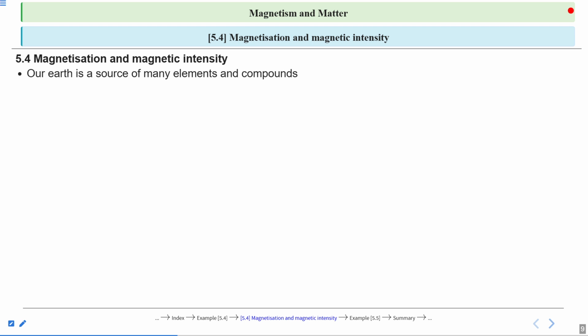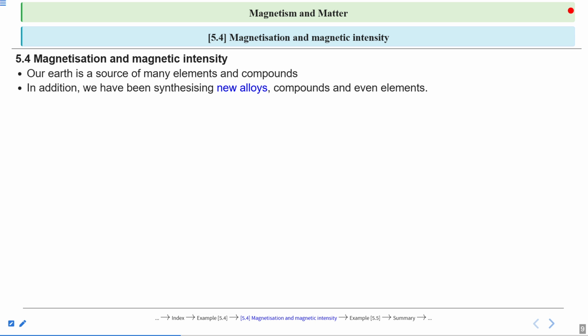Our earth is a source of many elements and compounds. In addition, we have been synthesizing new alloys, compounds, and even elements. We are doing mining, extracting the ores, extracting different elements.